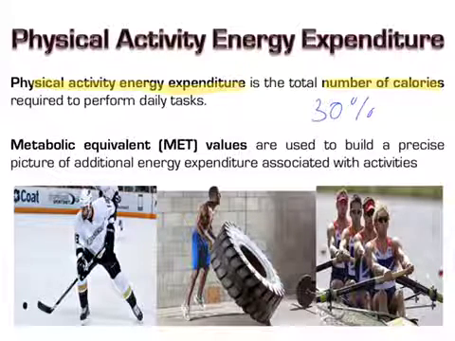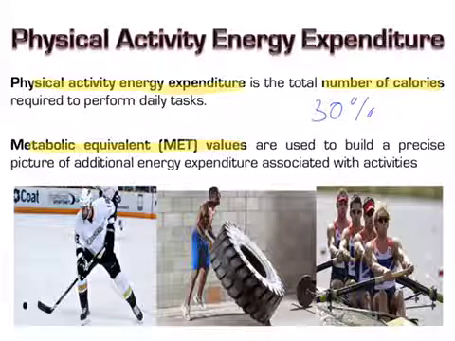Another word that we really need to know is the metabolic equivalent values, or in other words, MET, and it's defined as 1 kilocalorie per kilogram per hour, and is roughly the equivalent to the energy cost of sitting quietly.